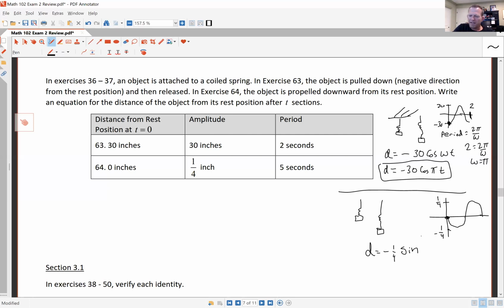The period of it is 5 seconds. And we know that omega determines the period. We know the period is 2 pi over omega. And if the period is 5 in this case, then we know that 2 pi over omega is 5.